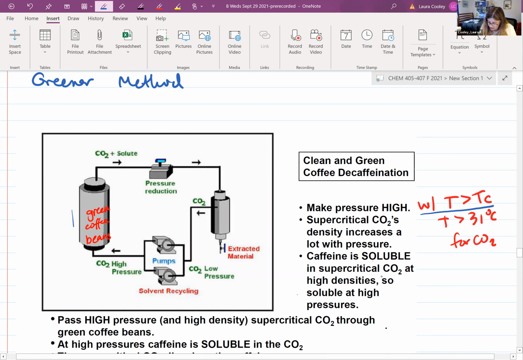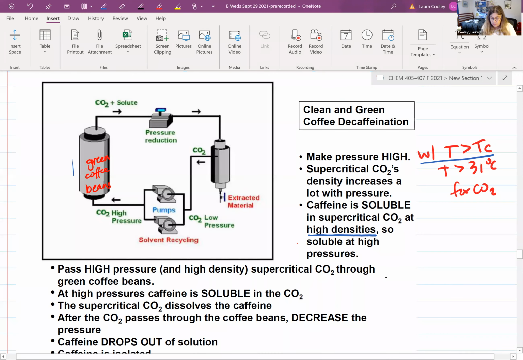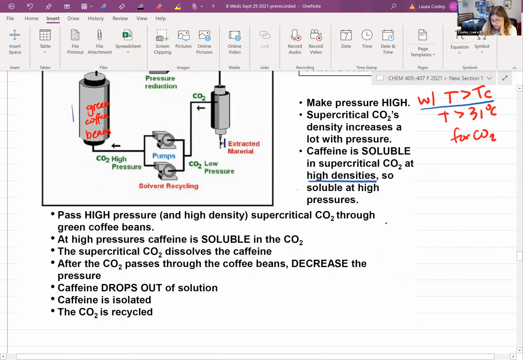So the more you pressurize, the higher the density, and so you pass high pressure supercritical CO2 through those coffee beans, and the caffeine is soluble, so it dissolves in the supercritical CO2, and after it passes through, you decrease the pressure.